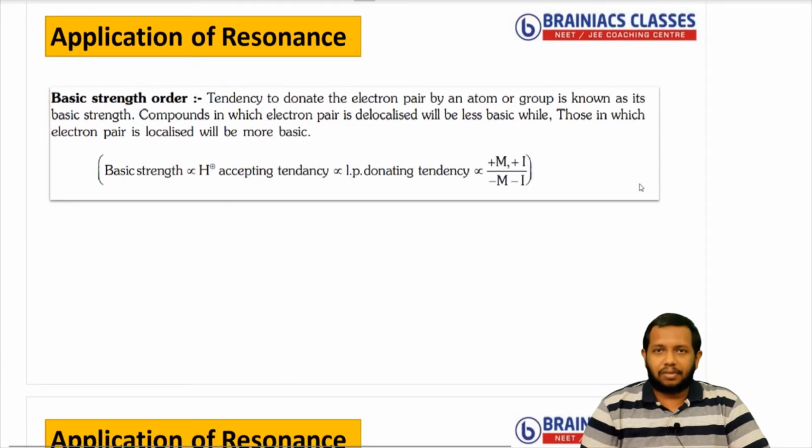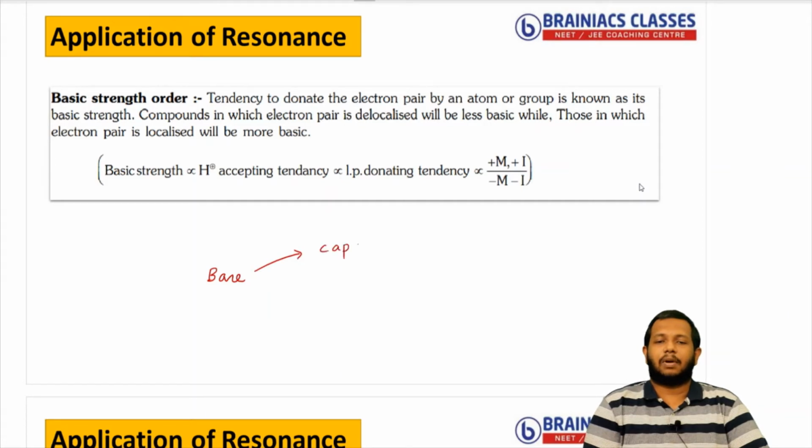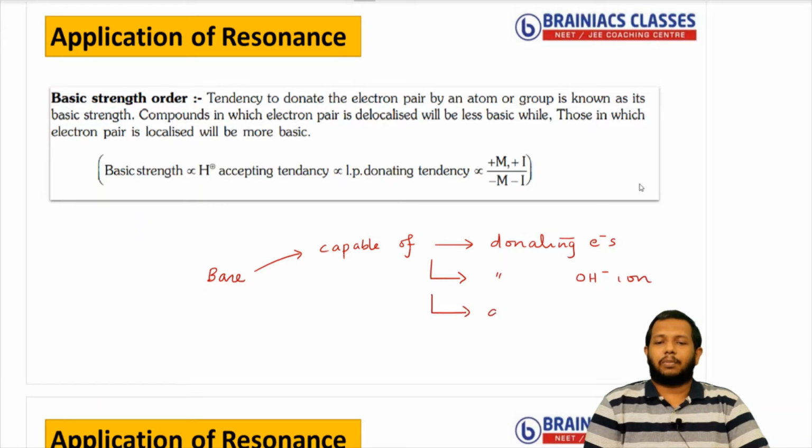What is basic strength? As I told, you can call something a base if it is capable of donating electrons, or if it is capable of donating OH minus ion, or if it is capable of accepting H plus ion.